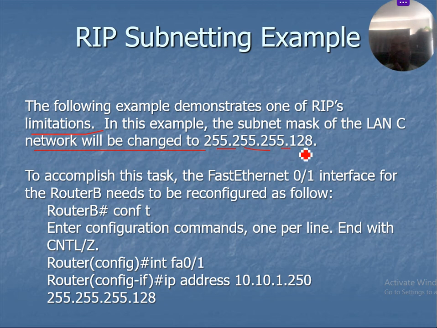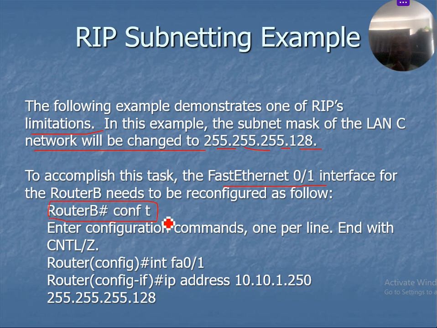Now, to accomplish the task, the FastEthernet 1/0 gateway interface for router B needs to be reconfigured as follows. Because you've changed the subnet mask to 255.255.255.128, you have to reconfigure this interface for B.